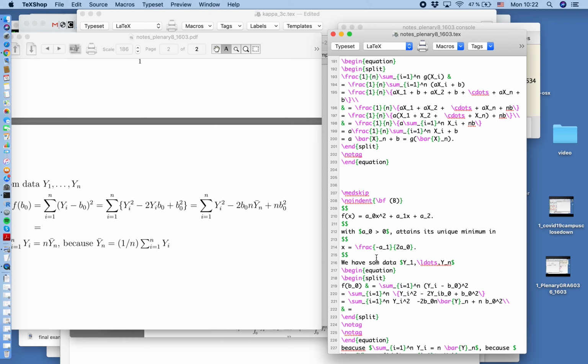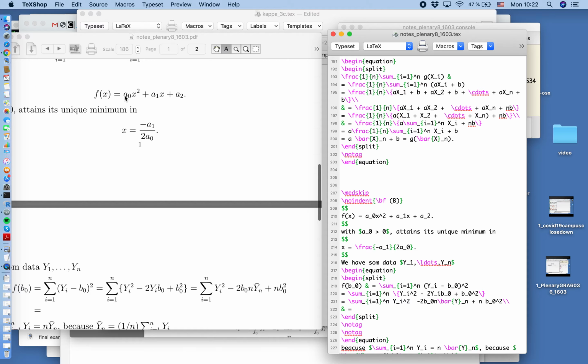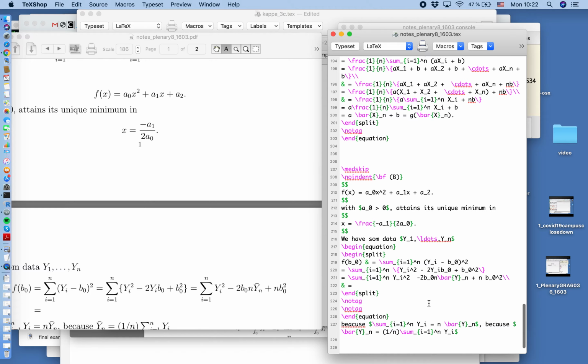If we rearrange this expression a bit so we get it to look like the other expression, it will be easier to see. We write n times b naught squared minus 2 n ȳn b naught plus the sum from i equals 1 to n of yi squared.